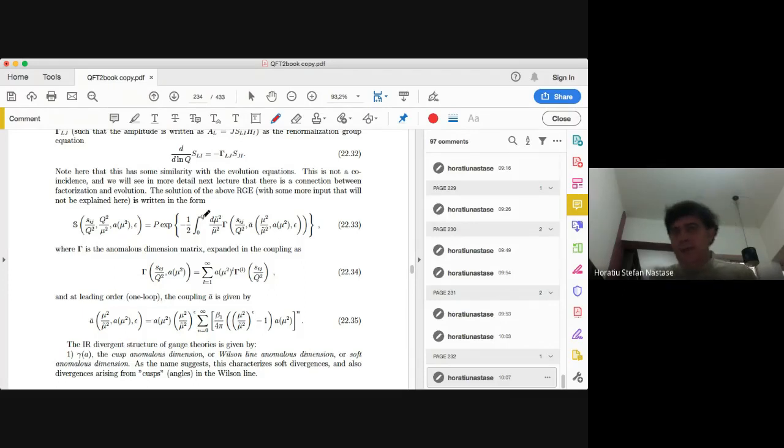So what one does in practice is calculate the anomalous dimension matrix, then integrate, and write down the soft function matrix in this way.